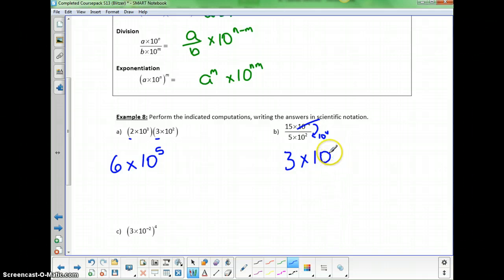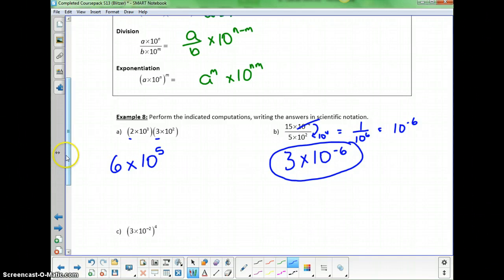I can't write a bottom with scientific notation though, so it's the one time where I'm going to need to use negative exponents. So 1 over 10 to the 6th is the same thing as 10 to the negative 6th. Normally we don't want to leave something with a negative exponent, but in scientific notation, that is the way it must be.